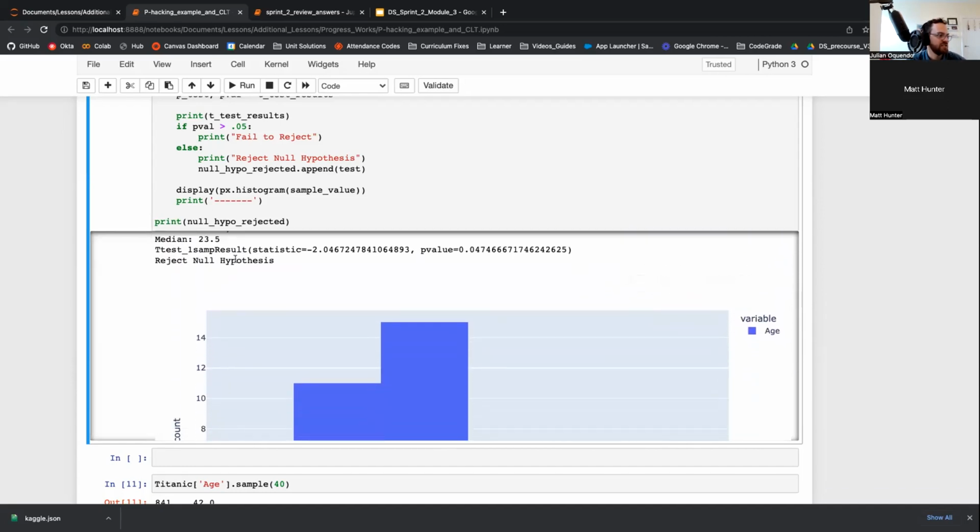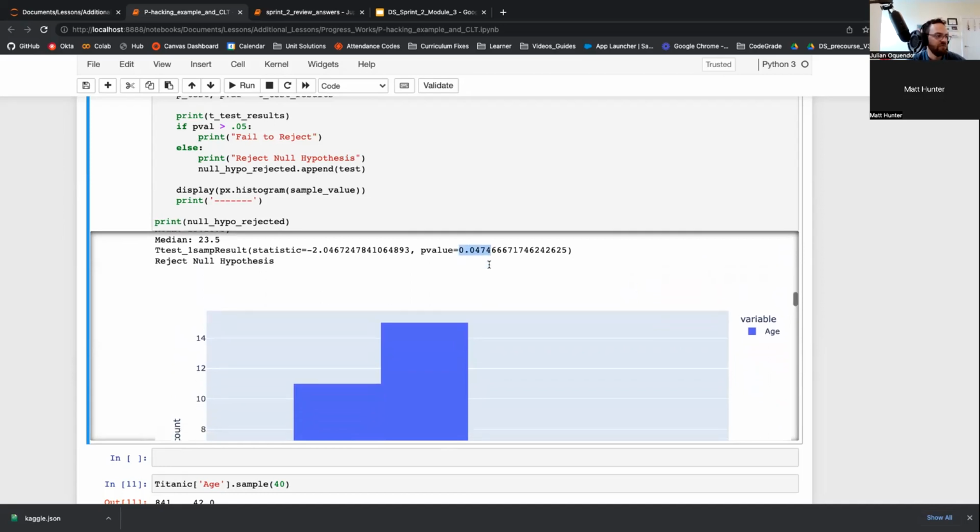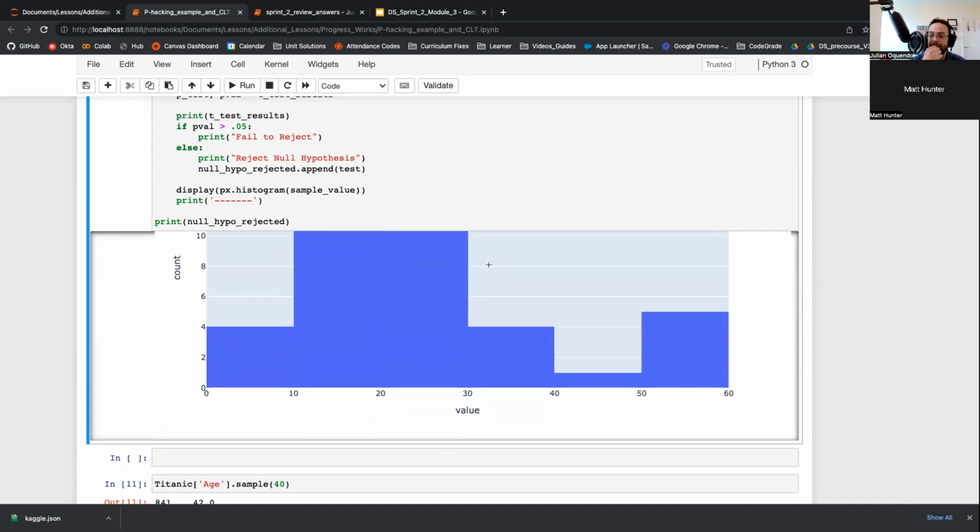This is a reject null hypothesis, where my p-value is indeed less than 0.05. I just happened to get lucky that the samples that I took happened to be on the extreme side. And in every instance, when you're working with p-values, there's always going to be a 5% probability that you're going to have this happen as a matter of course. Does this make sense? Yes.